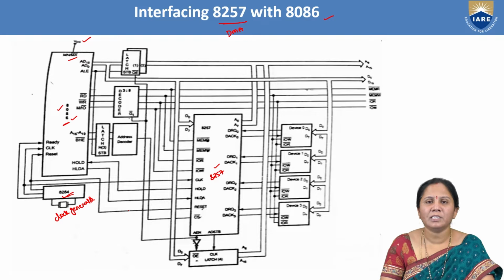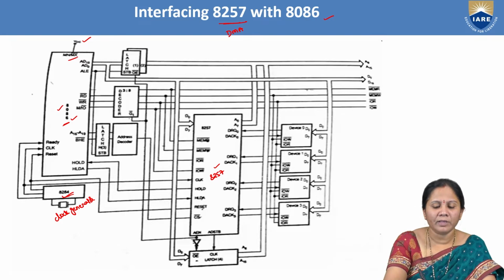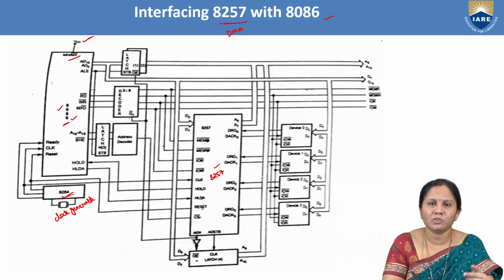That means this 8086 microprocessor has this MN by MX bar, where MN is the minimum mode signal which is active low, and this MX bar is an active low signal which stands for maximum mode operation. So if it is connected to VCC, it represents that this 8086 microprocessor is operating in the minimum mode.